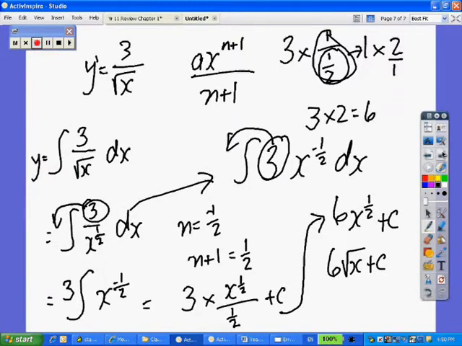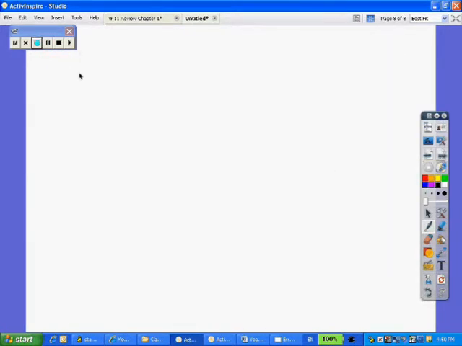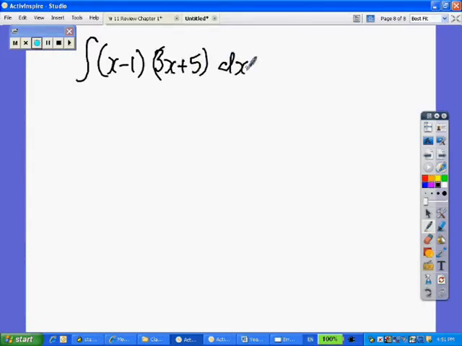That's worked example number 5c. Now the integral of, I've got two things here. Don't forget the dx.